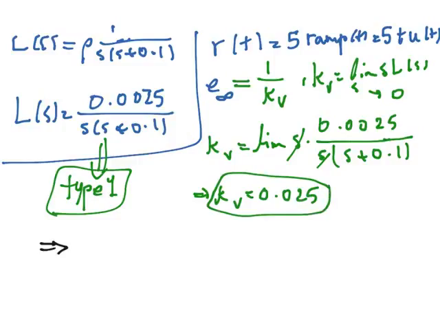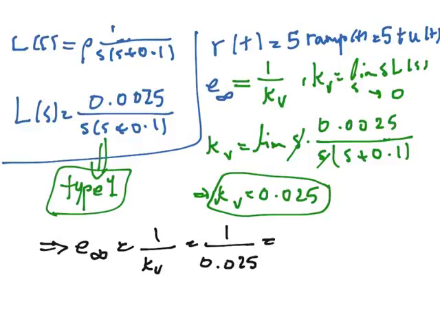And from here we can say that E infinity is equal to 1 over kv, which is 1 over this value that we have calculated, and accordingly the steady state error E infinity will be obtained as 40.